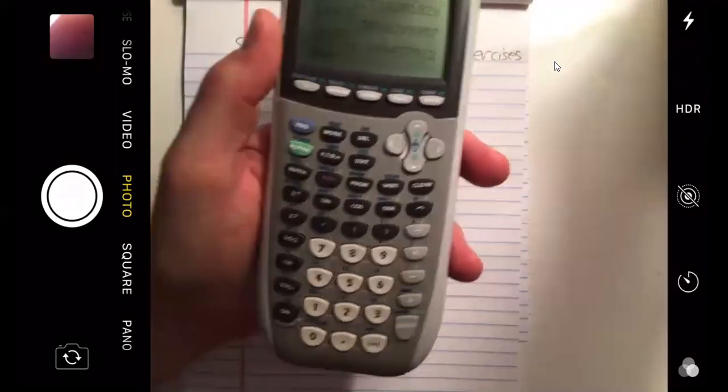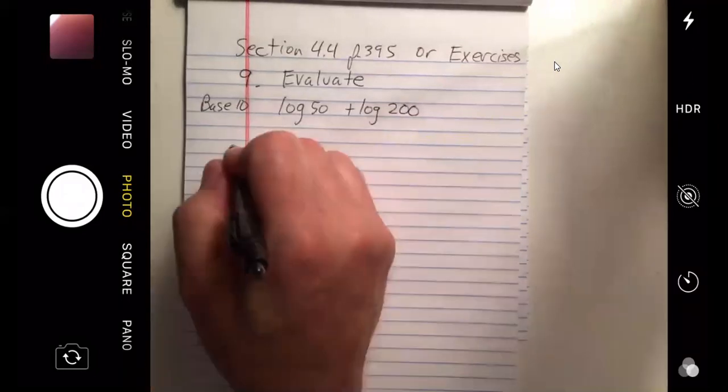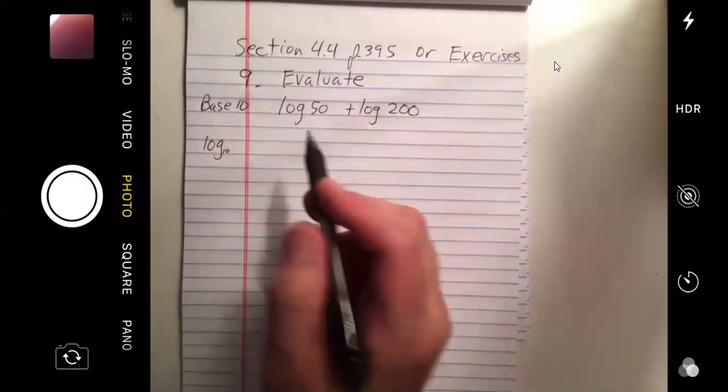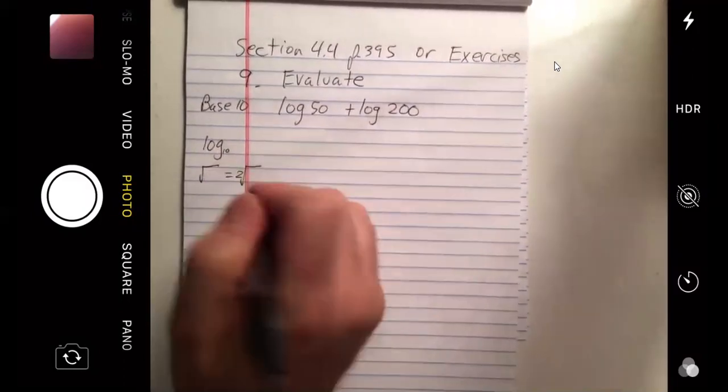So that signals what the bases are. They generally don't take the time to write LOG with a 10. You might occasionally see it, but usually they leave the 10 off. It's like leaving the second root. In other words, they could write a square root with a 2 root, but they never do. It's just understood.